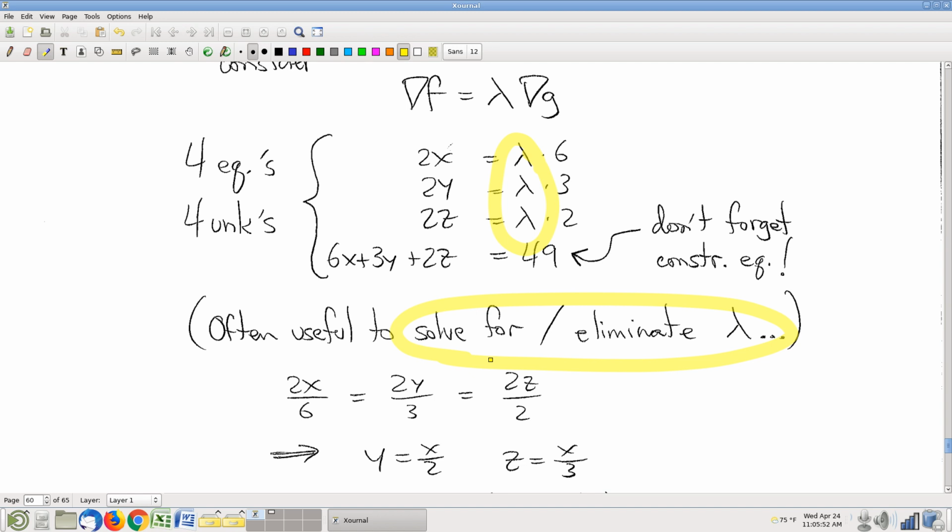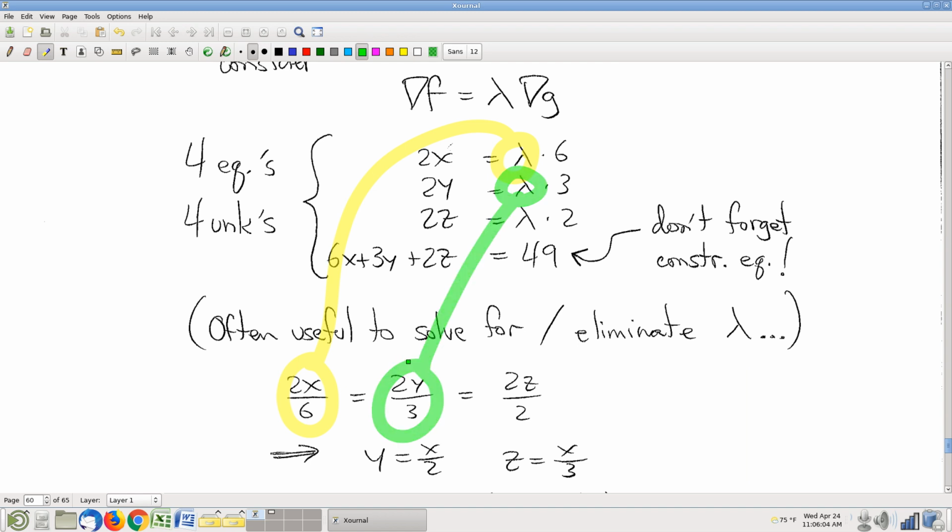So solve for what lambda is in the 3 different equations. This lambda, for example, not hard to see, that lambda is easily 2x over 6. This lambda is 2y over 3, and this lambda is 2z over 2. Well, wait a minute. All 3 of these are the same lambda. It is, in fact, just one variable. Those lambdas all have to be the same.